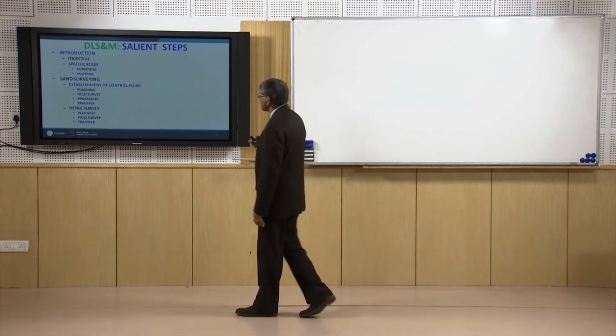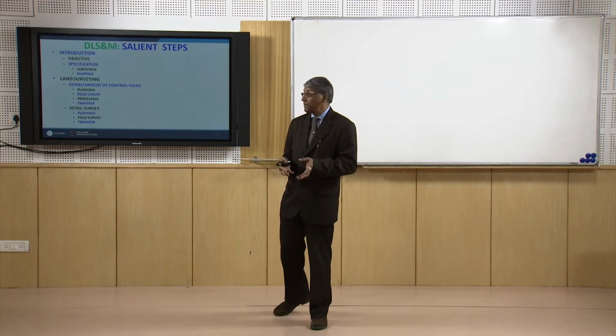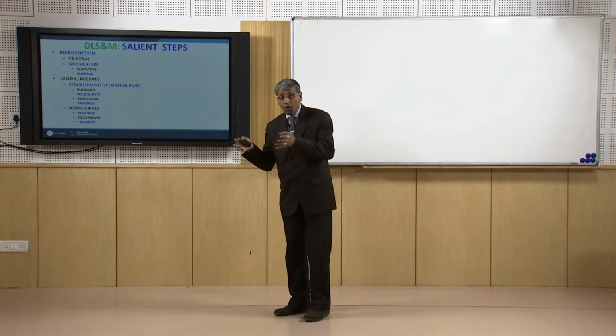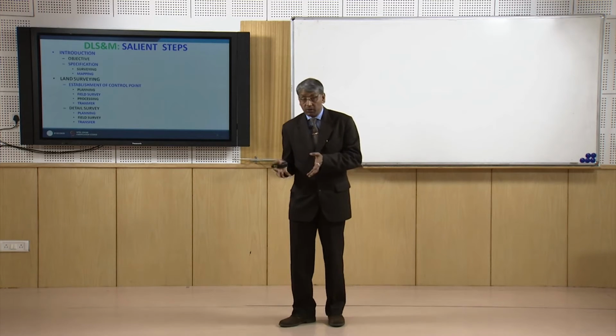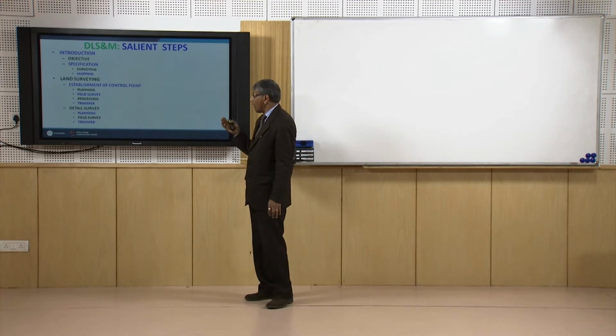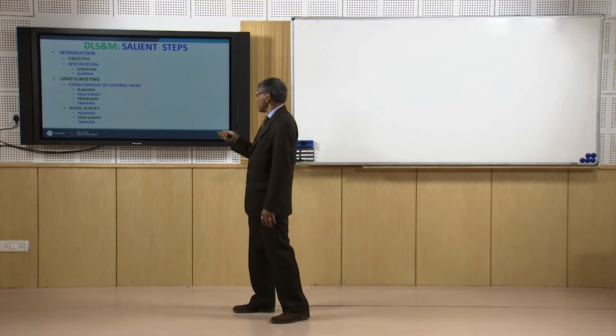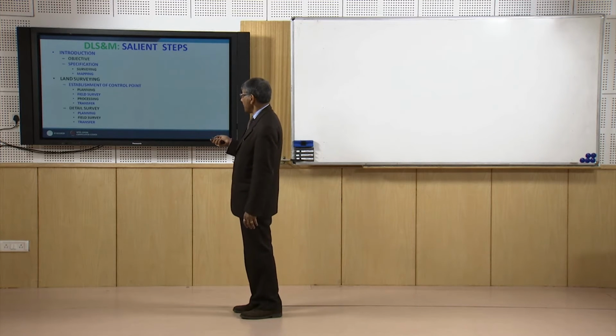Now in case of digital land surveying and mapping, the establishment of control points may be a single control point, or a number of control points, or a network of control points. So what will be the number of control points, how they will be established, all these things have to be first taken into consideration.